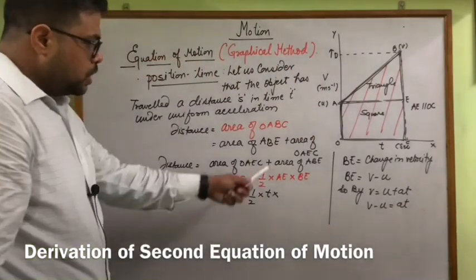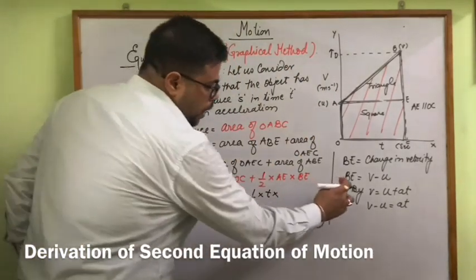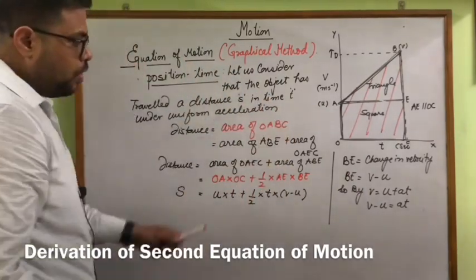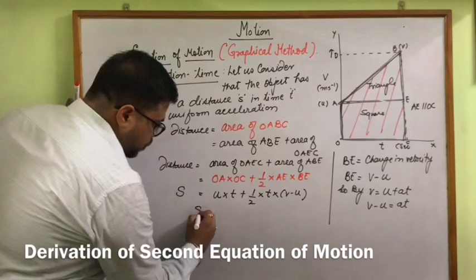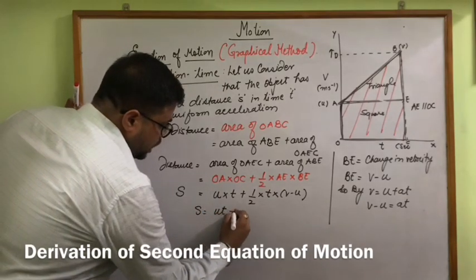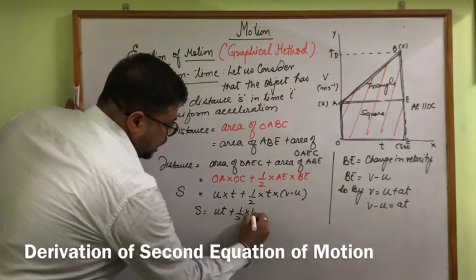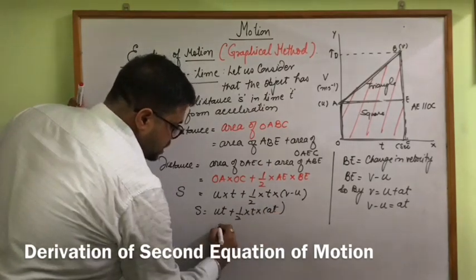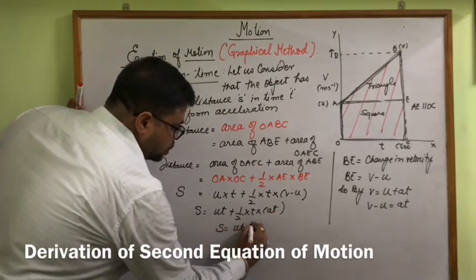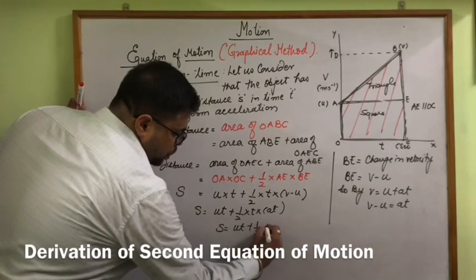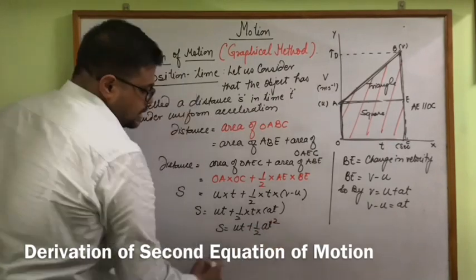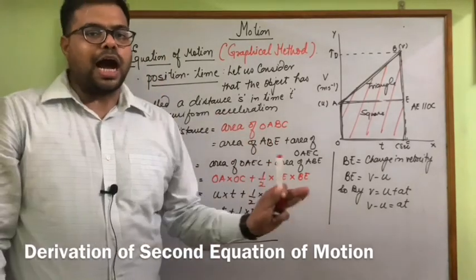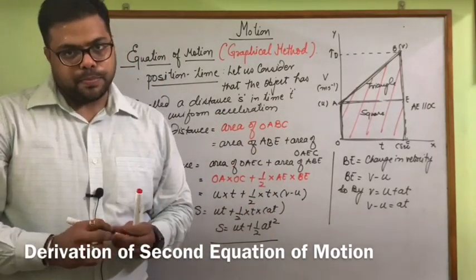No problem. So here the same thing I follow. BE will be equal to v minus u, and here v minus u will be at. So this is the formation of our second equation of motion, s equals ut plus half at square.